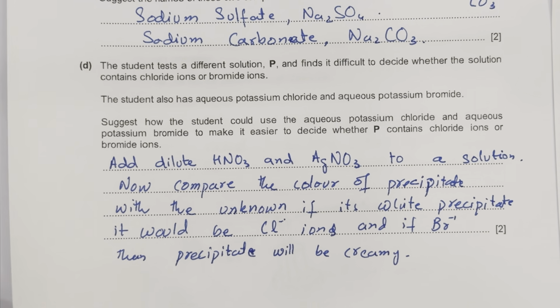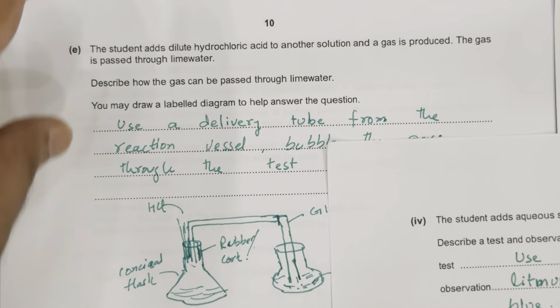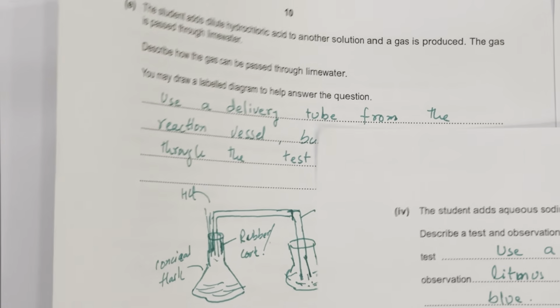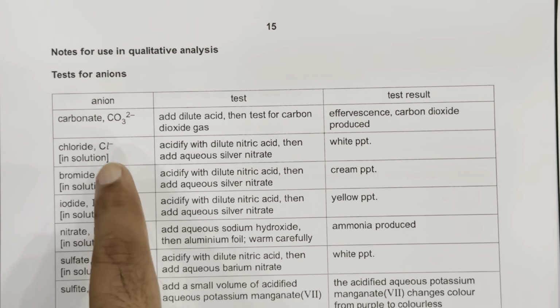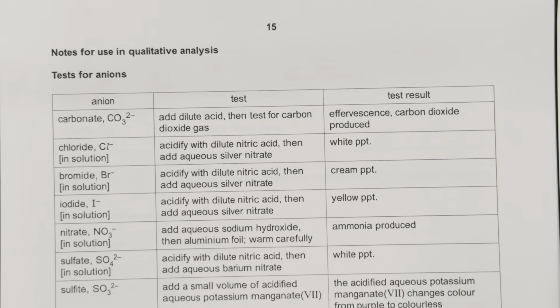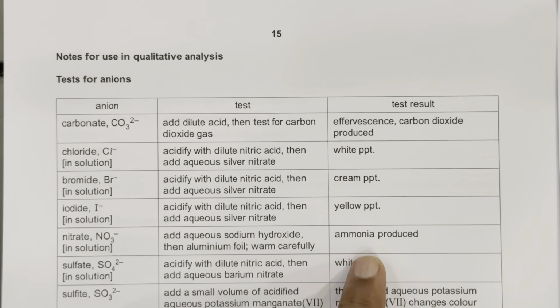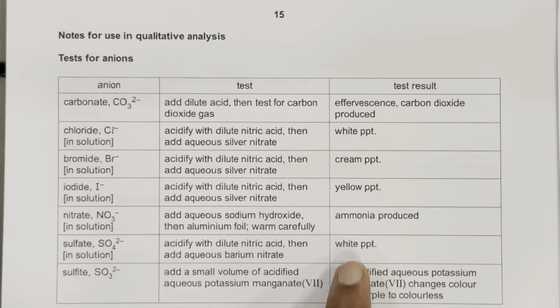So before coming to the question, I am showing you the table which I was talking about, that is given at the end of the paper. It is in the last two sheets of this paper. You can see from this table, the white precipitate is given for SO4 2-.